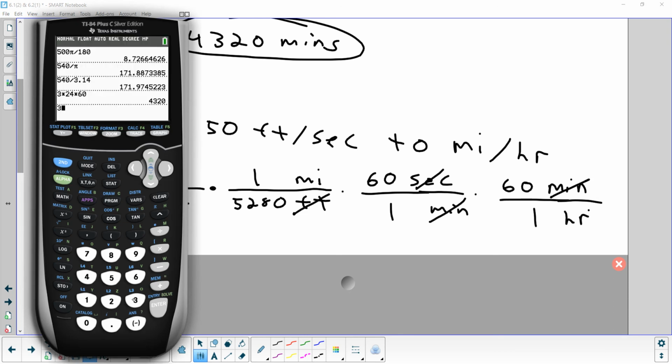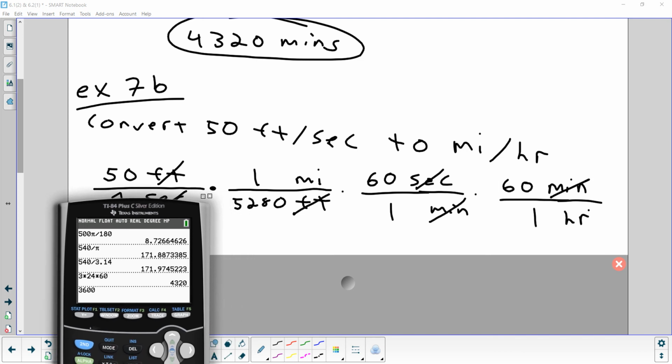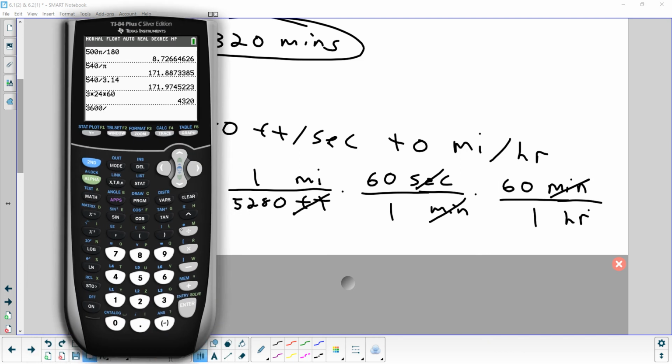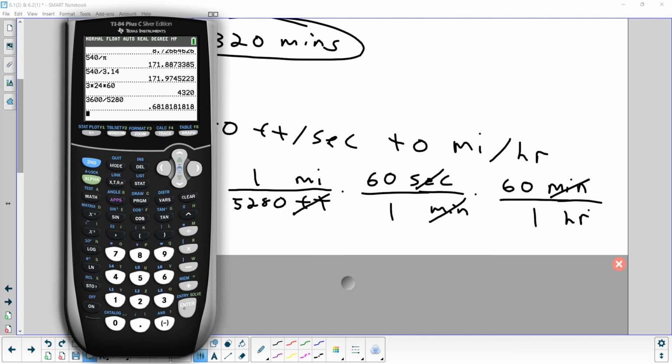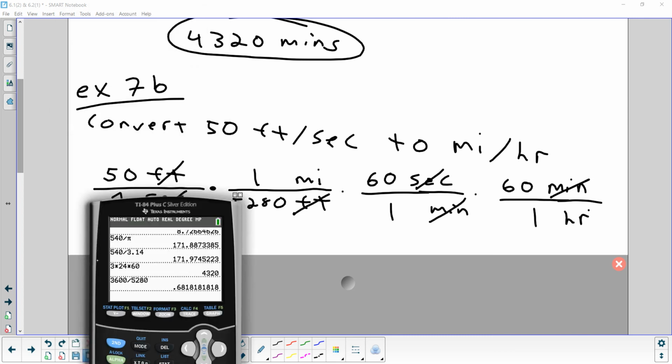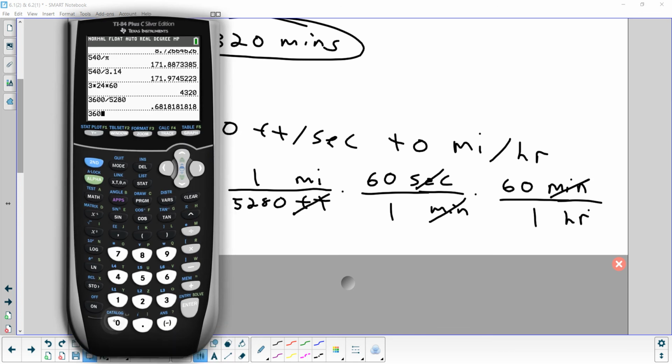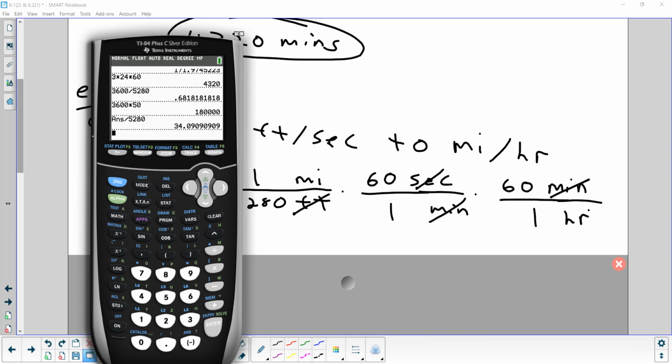So 3,600. That's 60 times 60 in the top. Divided by, it's all ones except the 5,280. Oh, I missed the 50. So it's 60 times 60 times 50 divided by 5,280. So that's 34.09 miles per hour.